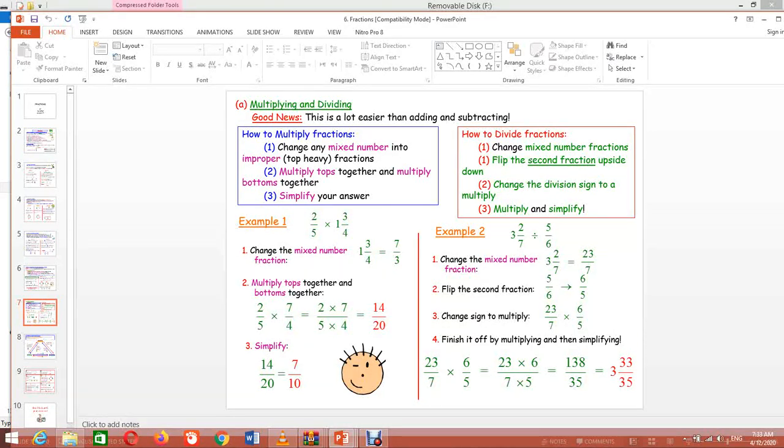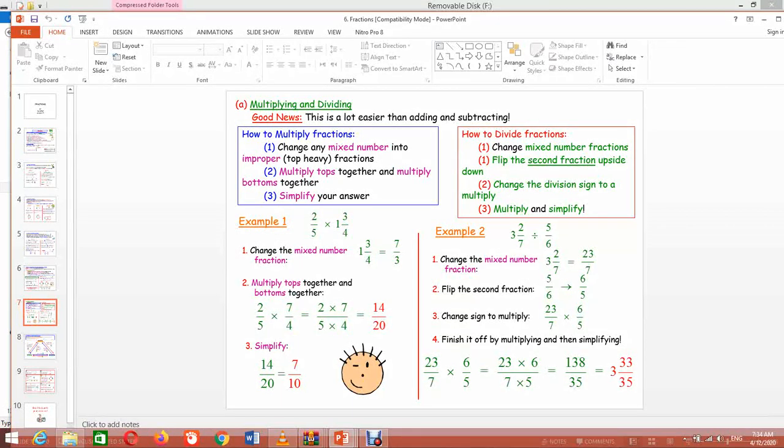So 1 whole number 3 over 4 is equal to 7 over 4, not 7 over 3. It's equal to 7 over 4.